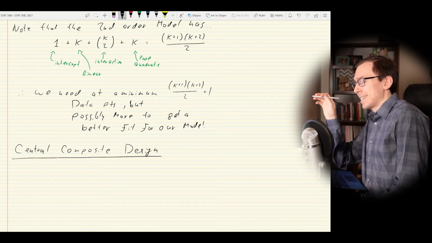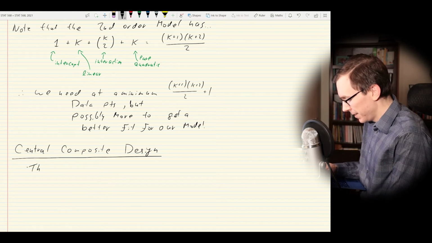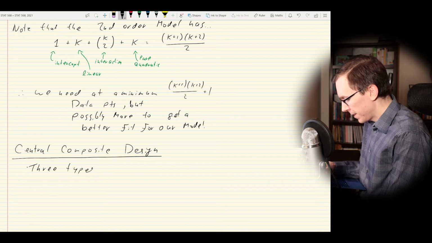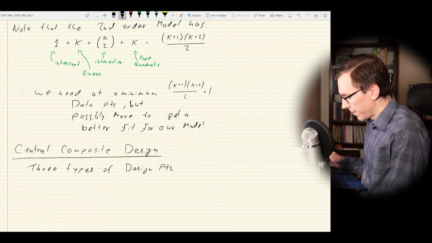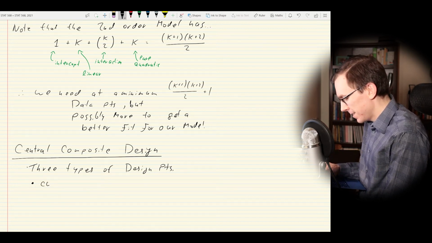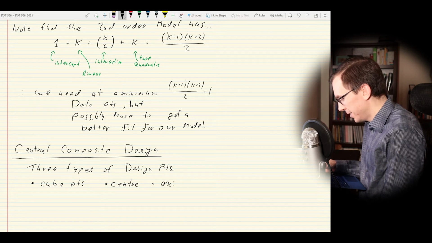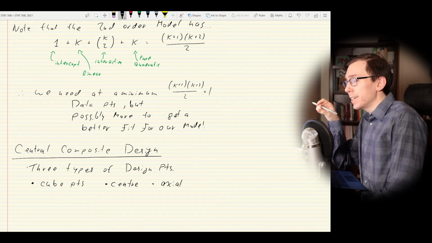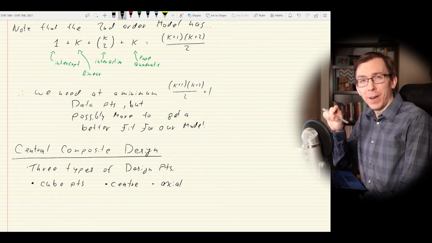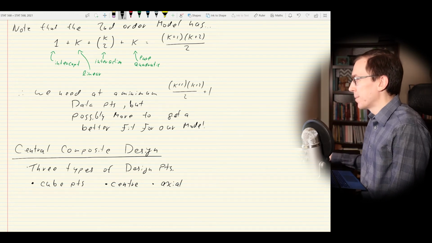So the central composite design actually is comprised of 3 different types of design points. Those are the cube points, the center points, and the axial points. And each of these is going to have a very specific purpose in the model, and we need to include some of all of them in order to fit a proper response surface.